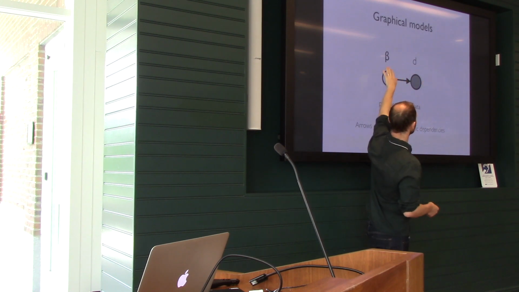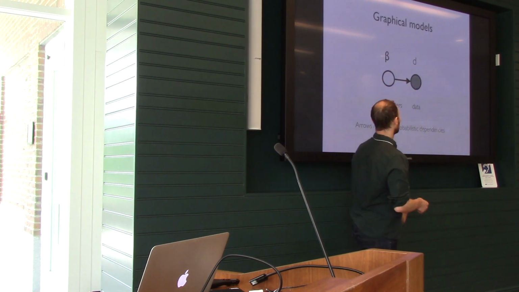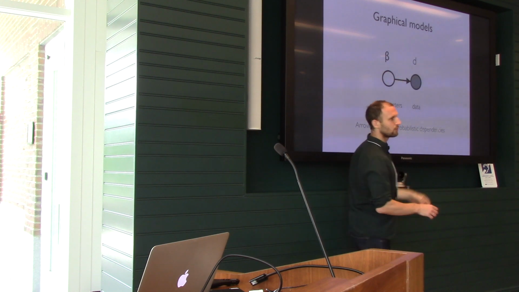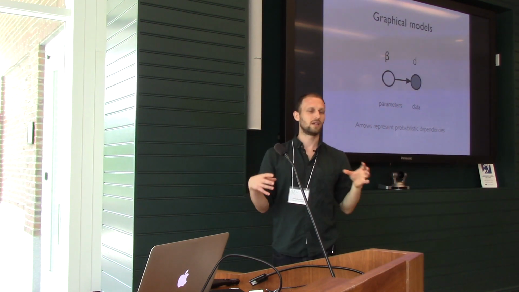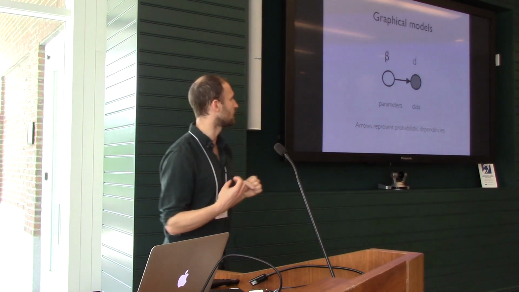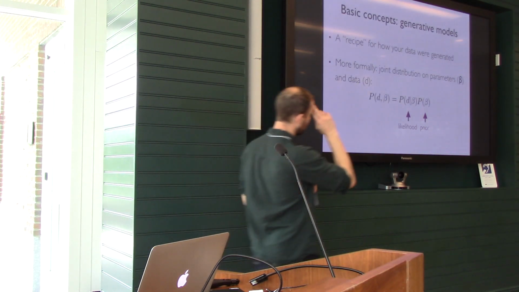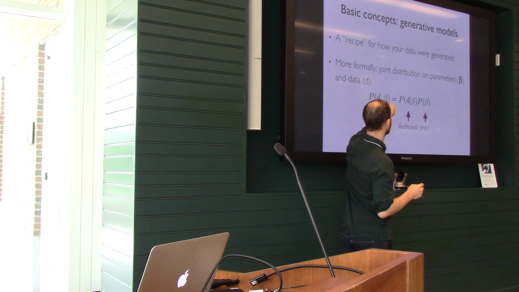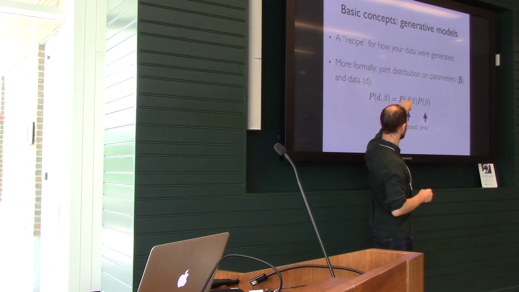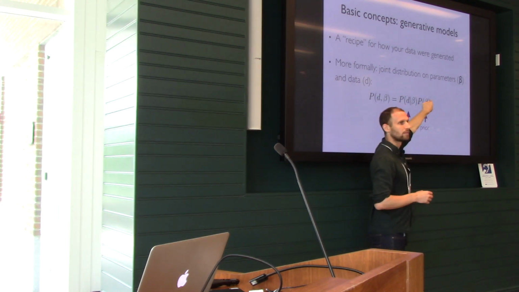The parameters are not observed and the data are observed. From this graphical model, you can read off a particular decomposition of the joint probability: the joint probability of the data and the parameters factorizes into the probability of the data given the parameters and the probability of the parameters.